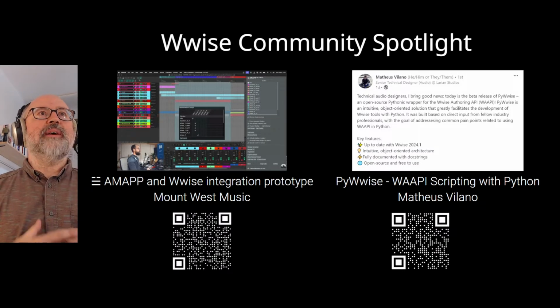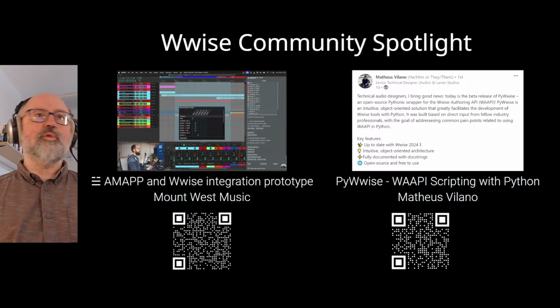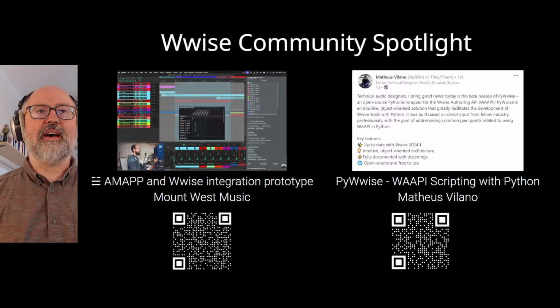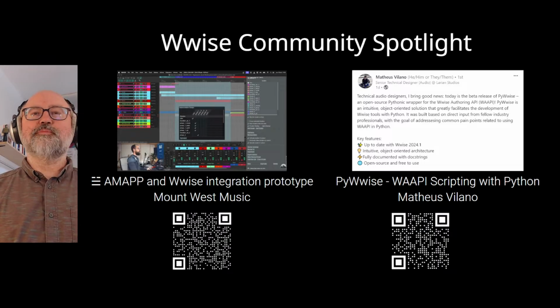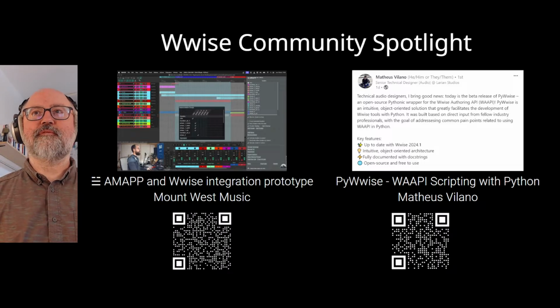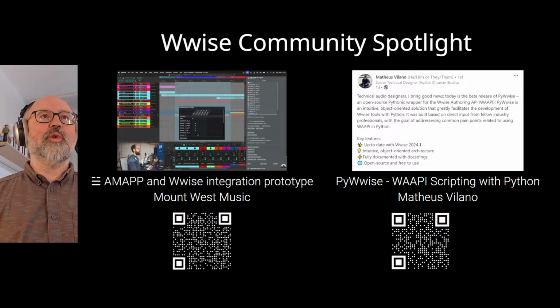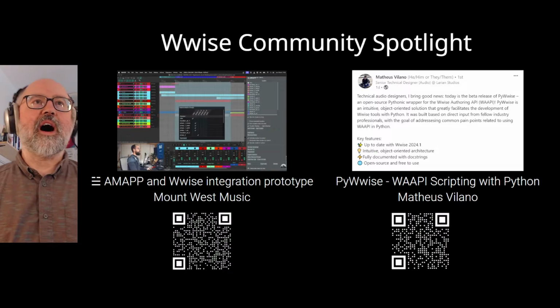Meanwhile, Mateus Villano, who was featured here earlier this year as part of the Larian audio team on Baldur's Gate 3, has released, as part of a group of folks, an open source Python and Wwise wrapper for WAPI, allowing for Python scripting with WAPI, called Pywise.